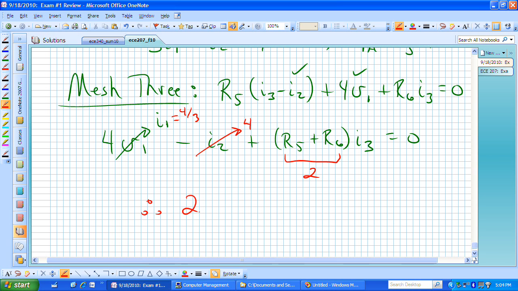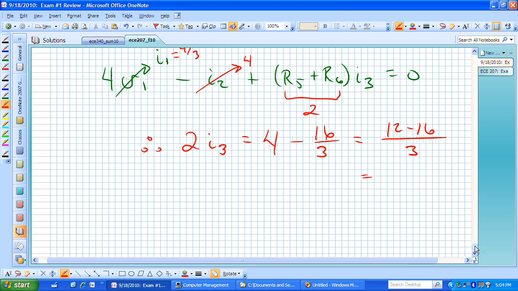Or we now know that 2I sub 3 is equal to, taking the minus 4 to the other side gives us a plus 4. Taking the plus 16 over 3 to the other side gives us a minus 16 over 3. Doing a little bit of the algebra, we then end up with minus 4/3 being equal to 2I sub 3, or I sub 3, when the current source is the only one present, is then minus 2/3.